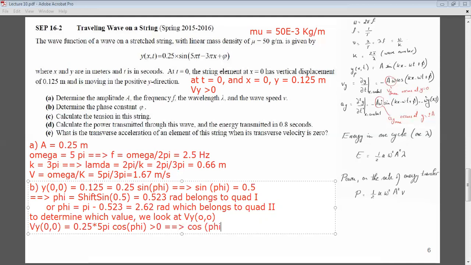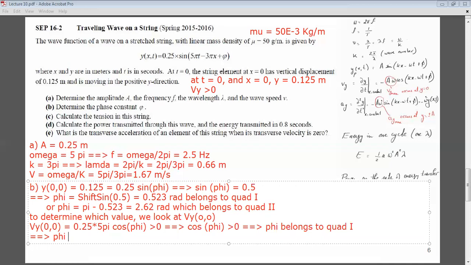This implies cosine phi is positive, which implies phi belongs to quadrant 1, so phi equals 0.523 or pi over 6.